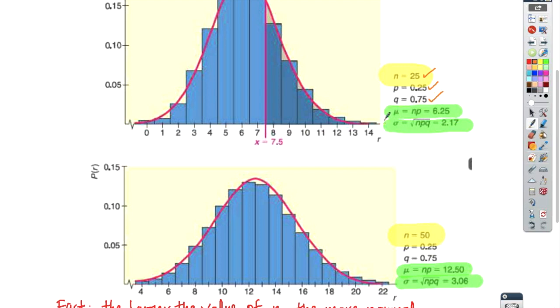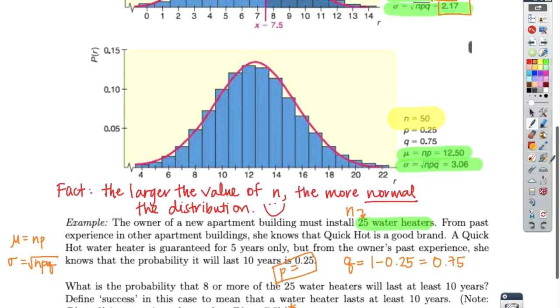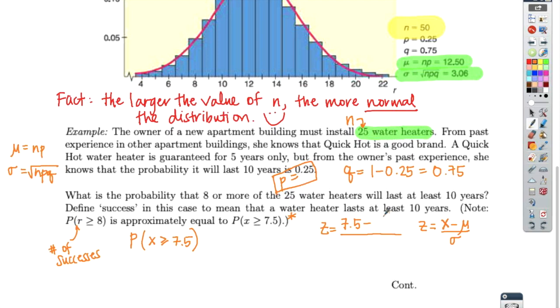So even though they're both very easy to do, we actually already have them: 6.25 for mu and 2.17 for sigma. So I'm just going to shortcut this and use those. Everywhere I see a mu, I'm going to put 6.25, the mean, and everywhere I see a sigma, I'll put 2.17.